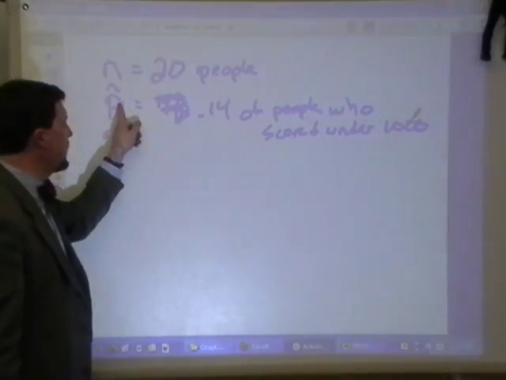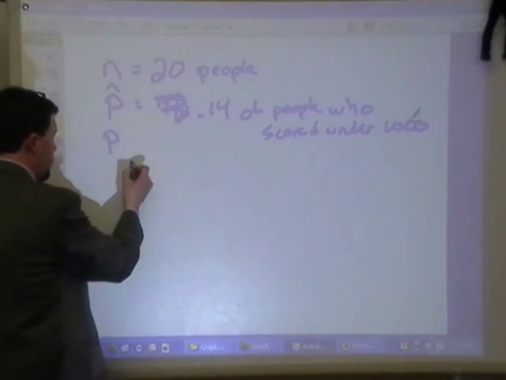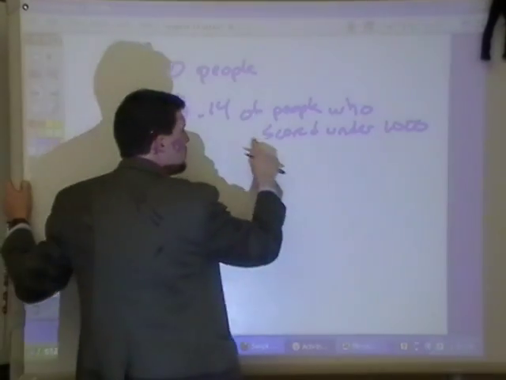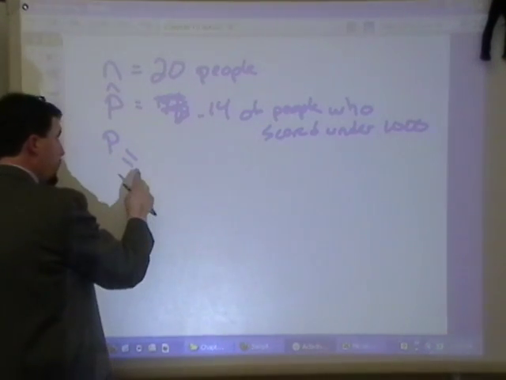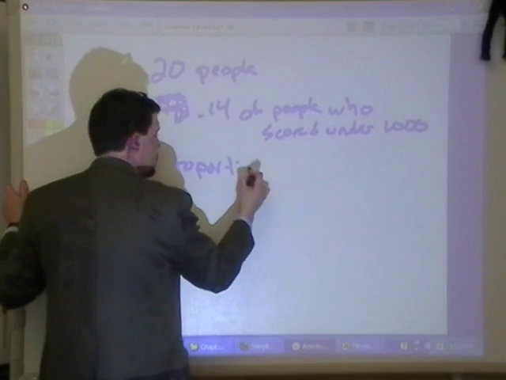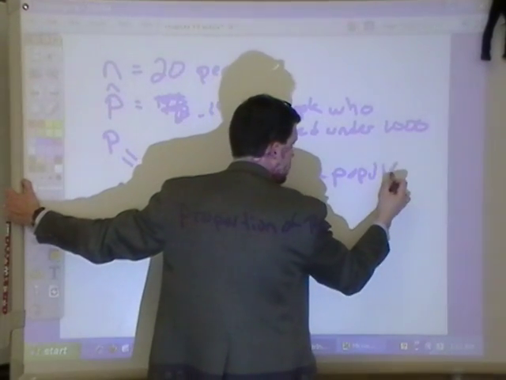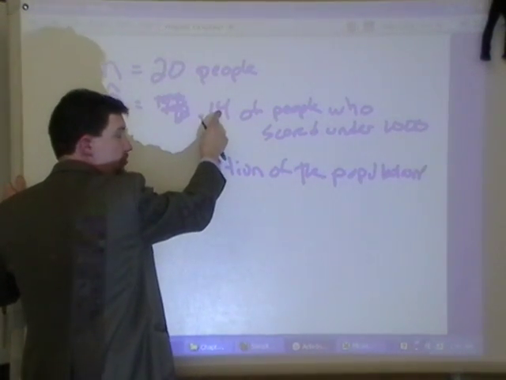If I can define this in the context of the question, then this becomes easy, because p is the same definition, people who scored under 1,000, but it is the proportion of the population as opposed to the proportion of your sample, because p hat is the proportion of your sample.